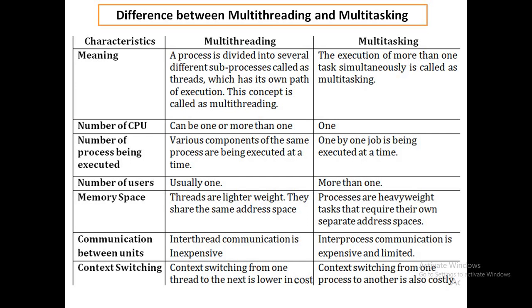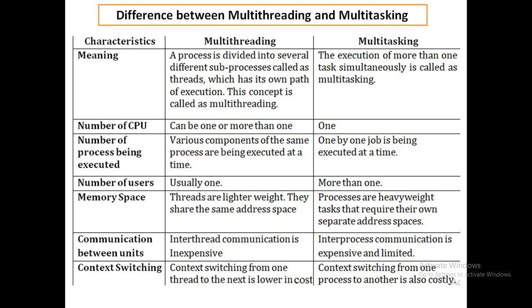As for the number of users, usually there is one user handling multi-threading, whereas in multitasking there is more than one user. For memory space, threads are lighter weight and share the same address space, whereas processes are heavyweight tasks and require their own separate address spaces.